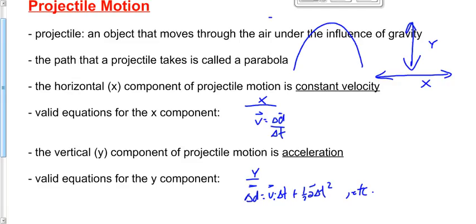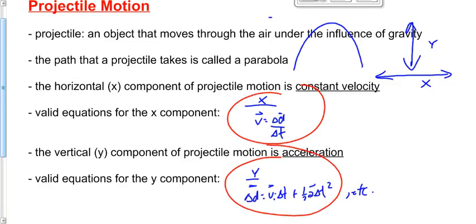So although the other acceleration equations are all valid, please try this one first. You will almost always use this one for the y component. But if it doesn't work for something, then you can always try your other acceleration equations as well, because just like in any acceleration problem, they're all valid. I'm just telling you to do this one first because it almost always works for us.